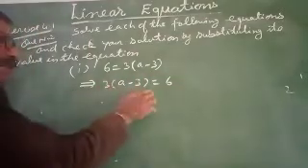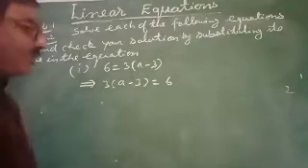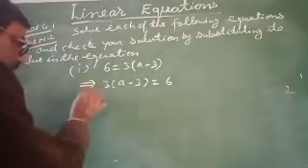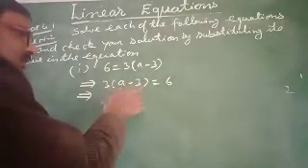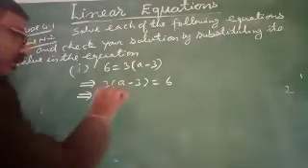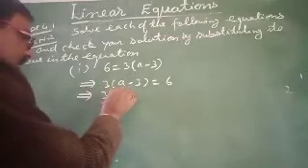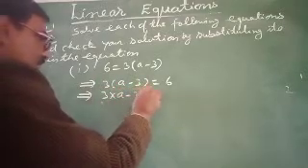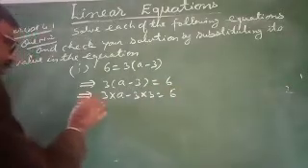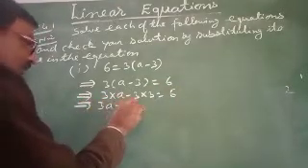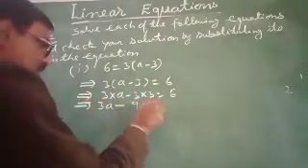This is the left hand side and this is the right hand side. First of all, I will multiply 3 by a minus 3. Then it will be 3 multiply a minus 3 multiply 3 equals 6. Then it will be 3a minus 9 equals 6.